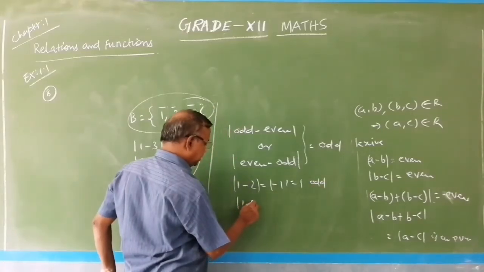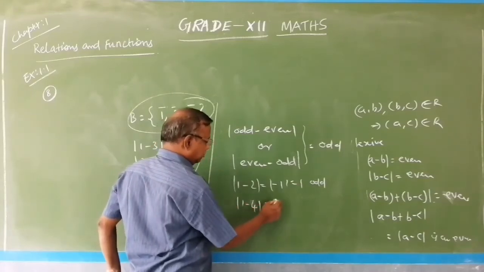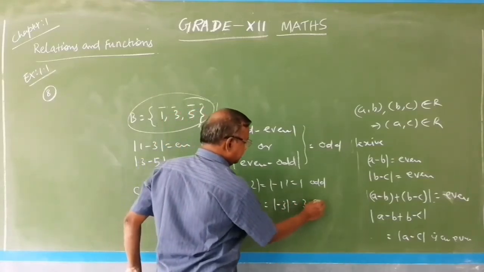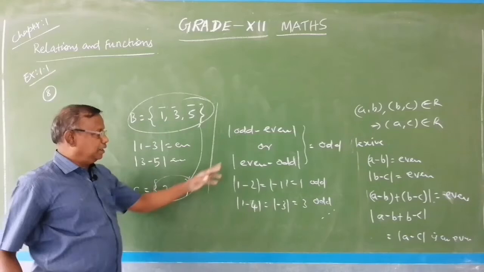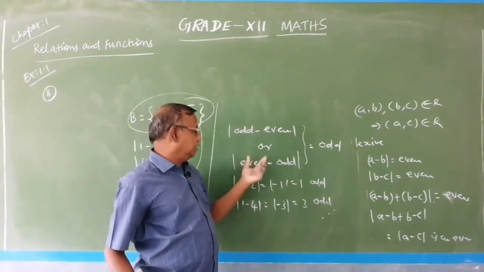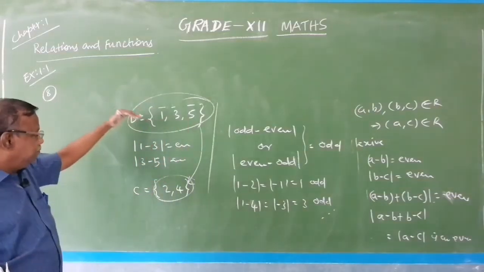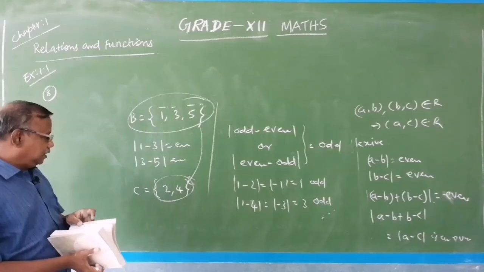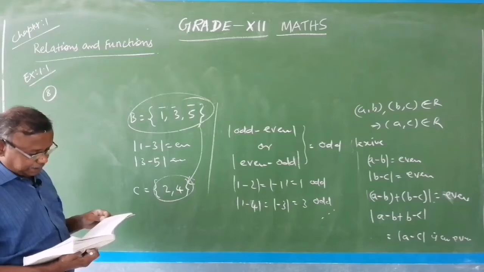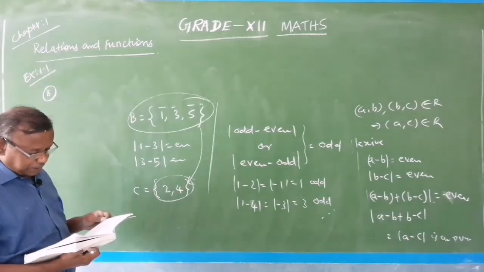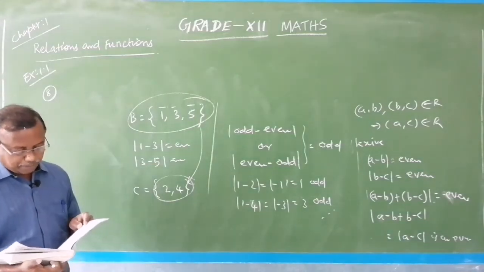Modulus of 1 minus 4 equals 3, which is odd. So we can have many examples. The difference of odd minus even or even minus odd is always odd. So every element in B is not related to C. So no element of {1, 3, 5} is related to any element of {2, 4}, because the condition is modulus of a minus b is even.